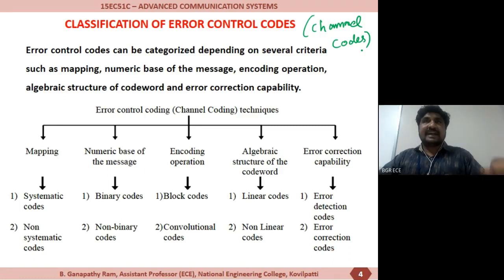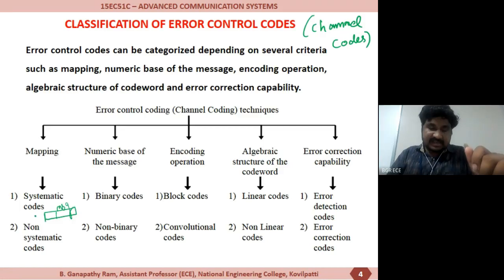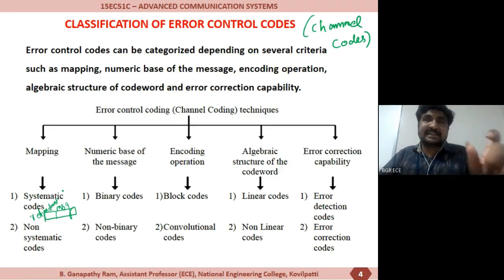If the code has a proper structure and the codes are arranged in a way that represents useful meaning, for example, if it is represented as message bits and redundant bits, and if it is defined by some standard method, then it is called systematic code.